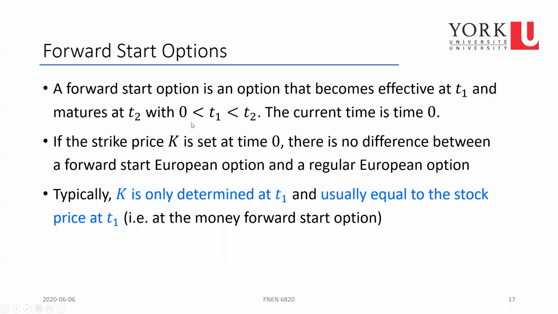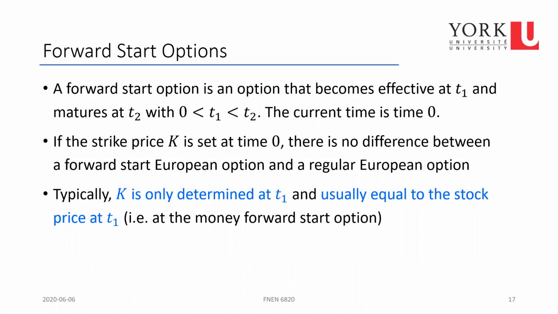If you know the strike price in the contract at time 0, it doesn't matter when you call it started, as long as it's between 0 and T2; it doesn't change anything. So for forward start options to make sense, it must be the case that we don't know this strike K currently. This strike K is only determined at this starting point T1, okay? Because otherwise, there's no difference between a forward start option and a regular option.